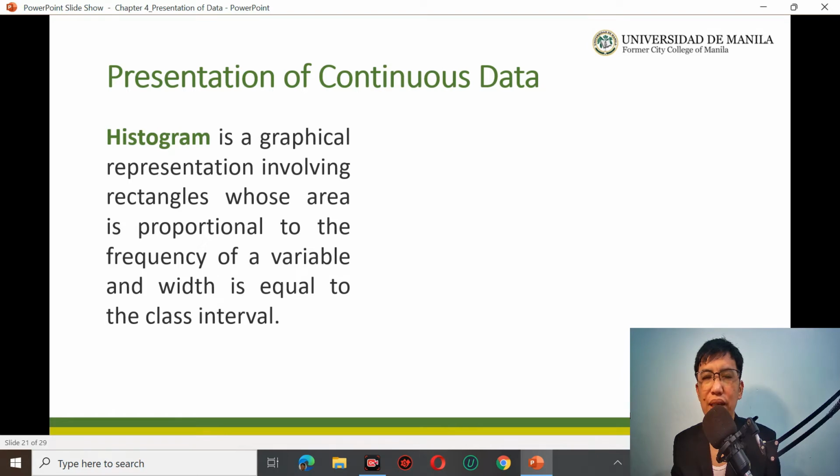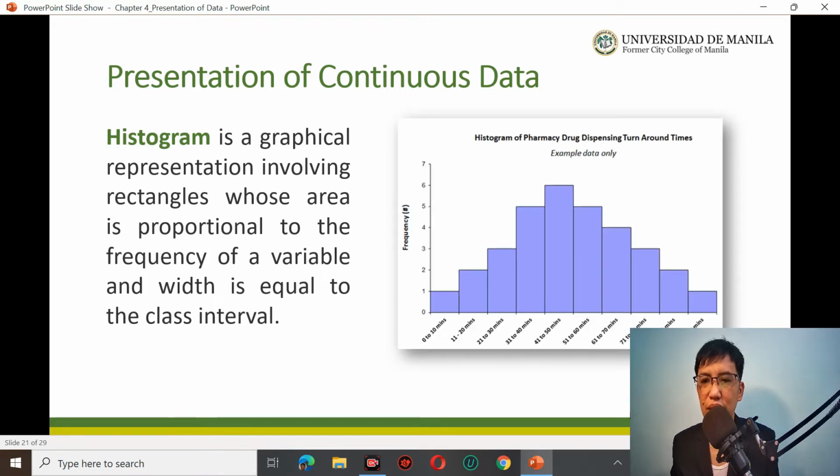Okay? But Microsoft Excel also offers this feature. You can construct a histogram. Later, hindi ko na discuss yan, but I will give you an example. This one is an example of a histogram. Okay? It shows the frequency and then the categories or the classes.